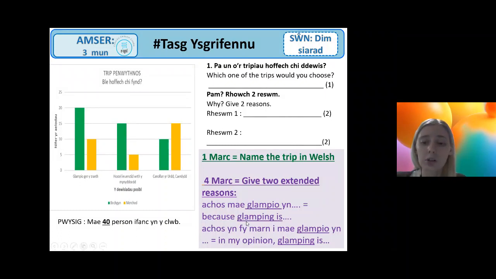So what I want you to do is have a think. So first of all, choose one. So you might want to choose maybe glampio, gwersylla, traeth, so glamping, and then you need to give an extended reason why you would like to go glamping. So you could say achos mae glampio yn, and add on an adjective, so wych, ddiddorol, and then also use this one here, or you could think of one yourself, because achos yn fy marn i mae glampio yn, because in my opinion, glamping is, an answer to the question.